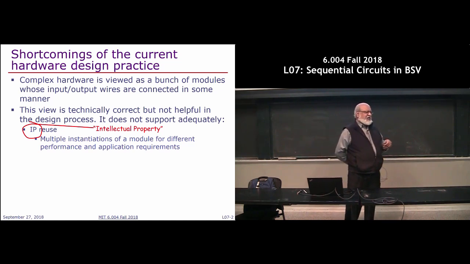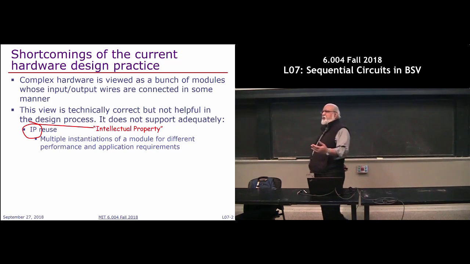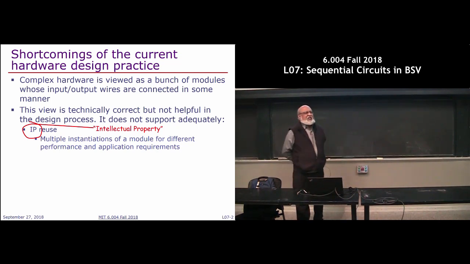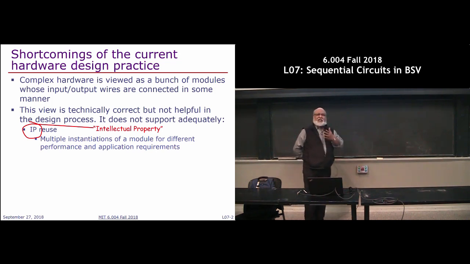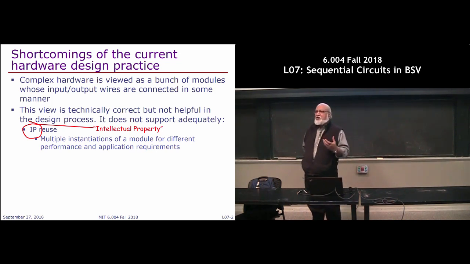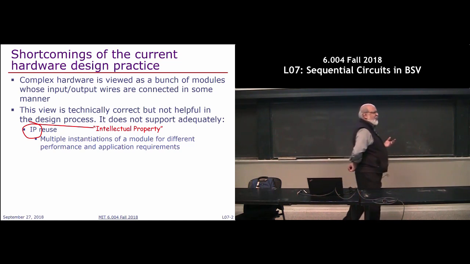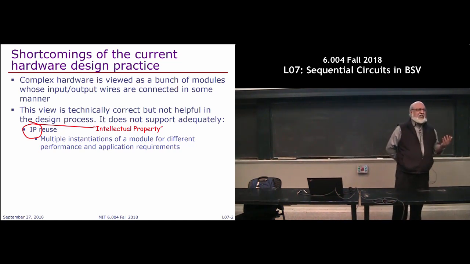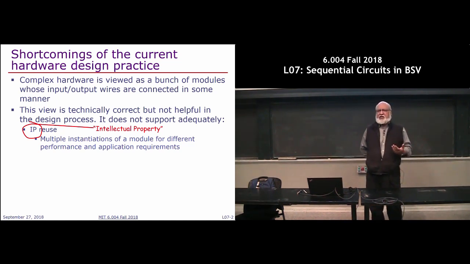And if I'm designing a low power circuit, I may do it this way. If I'm designing a very high performance circuit, I may instantiate it some different way. And one is not better than the other. It depends on the application. Where is this block going to be used? Later on, not in this course, but you will discover that, for example, FFT is a very, very important IP block.